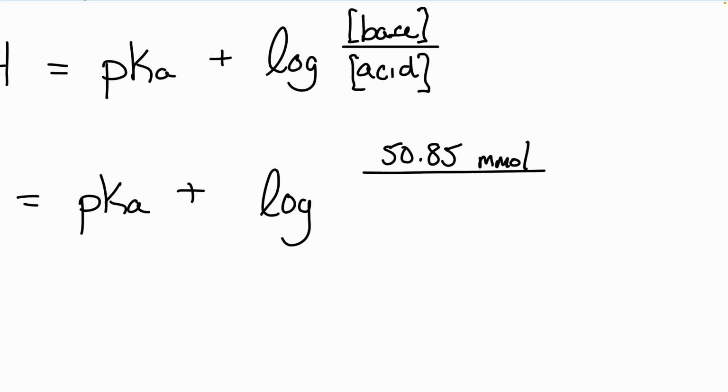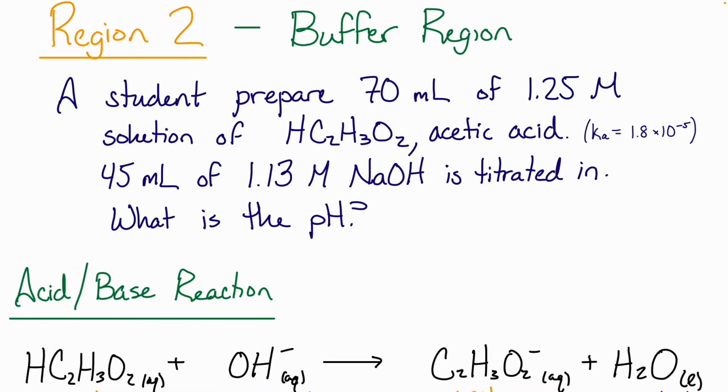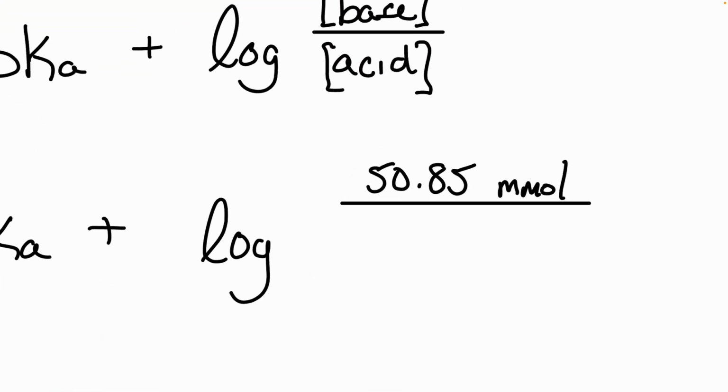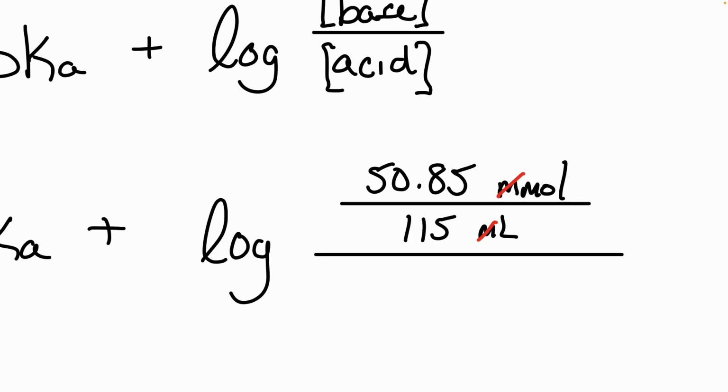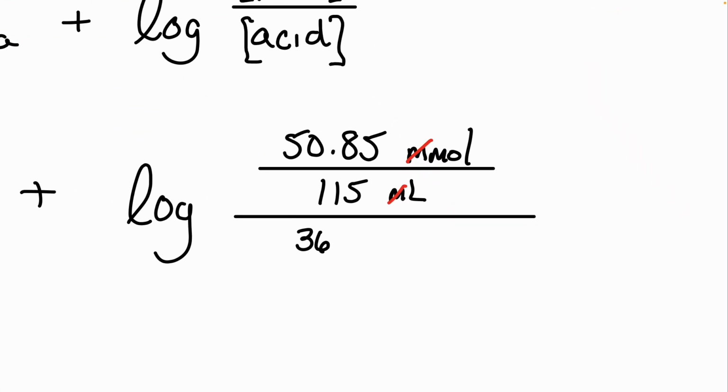millimoles divided by, what would my volume be of this solution? Tough mental math. 70 plus 45 here takes us to 115. All right, 115 milliliters. And we can just convince ourselves real quick that the milli indeed cancels out, leaving us with moles over liters or molarity. All right, but then I'm going to take this and divide it by my acid concentration, which is that 36.65 millimoles.